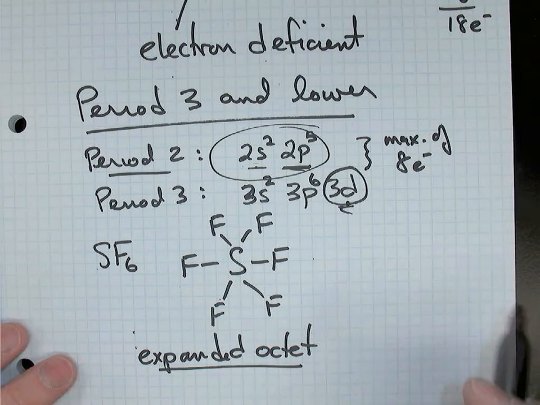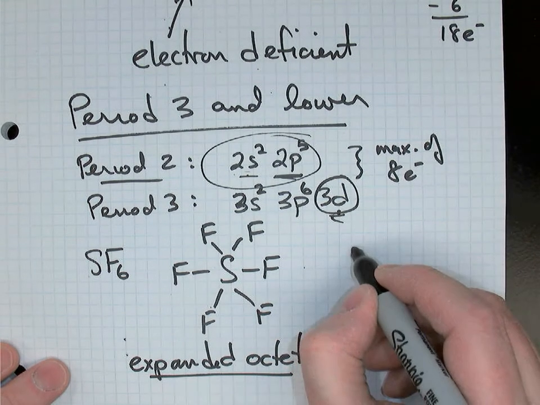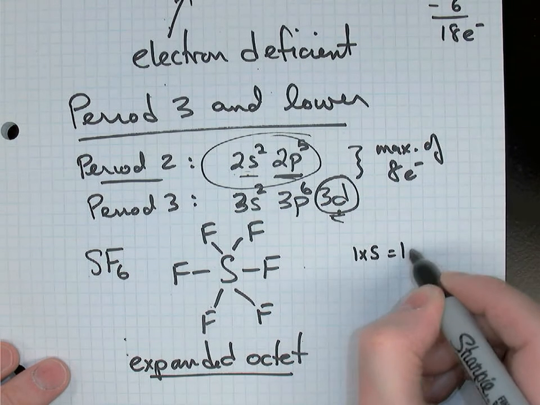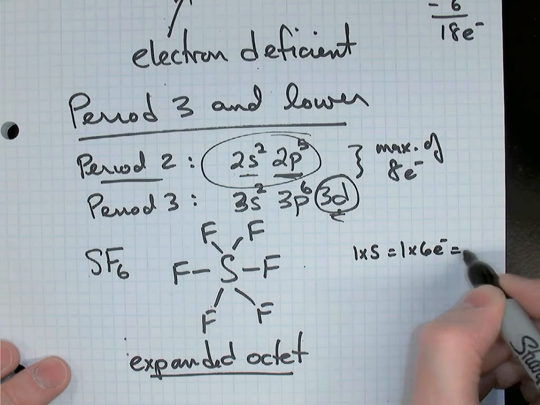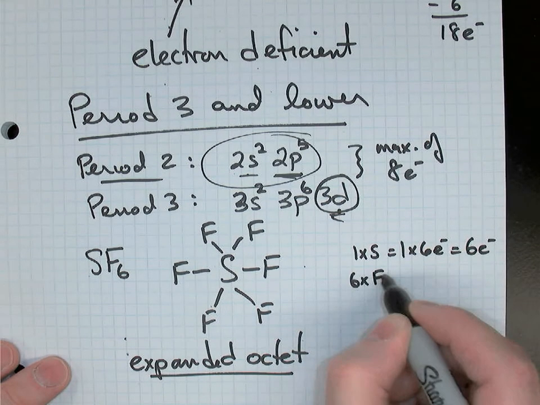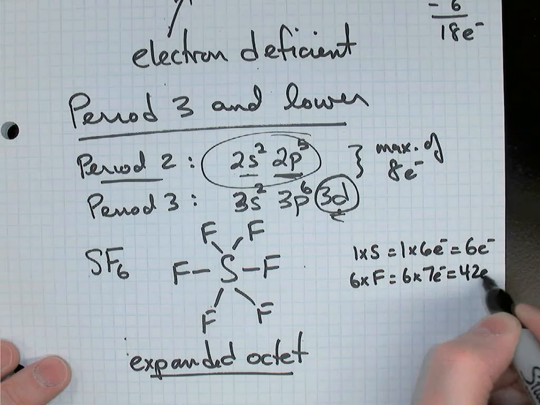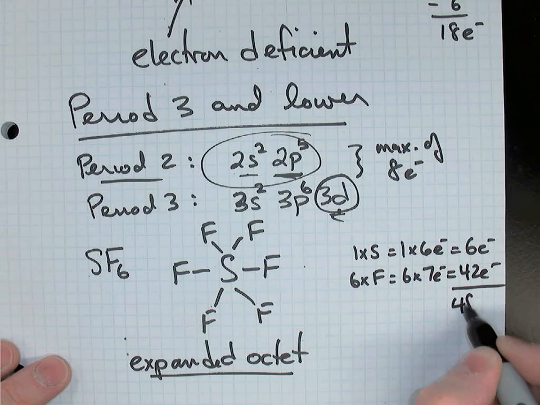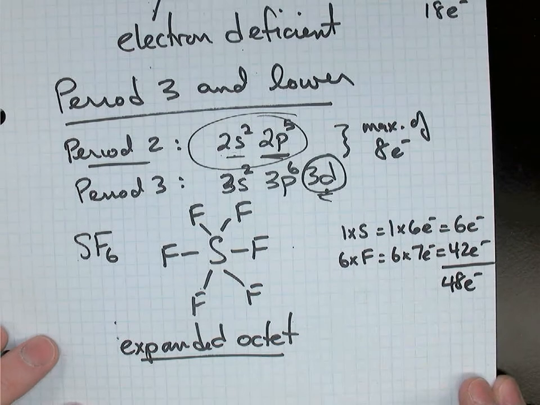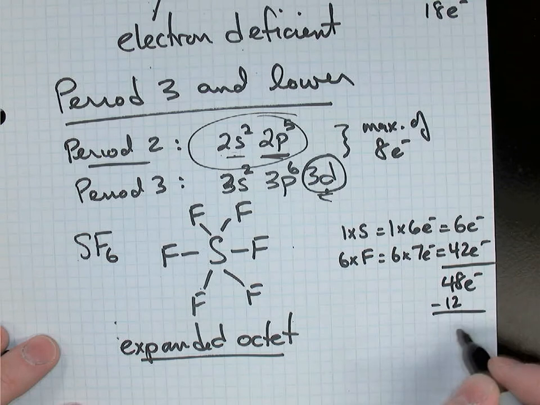Let's finish the Lewis diagram for SF6. We have 1 sulfur, so 6 electrons. We have 6 fluorines, 7 electrons each. So we have a total of 48 electrons to play with. We've already used 12, so if we take away 12, that leaves 36 electrons remaining.